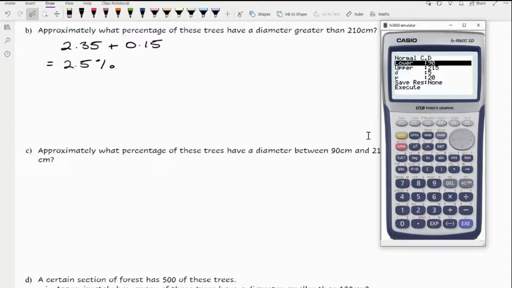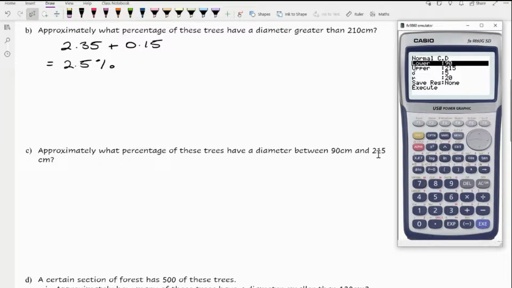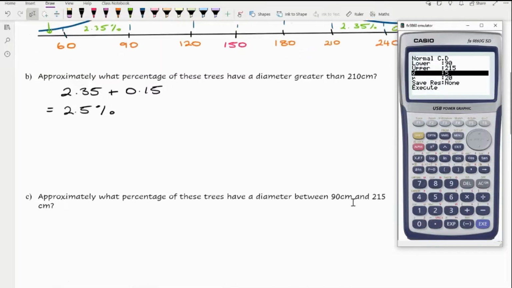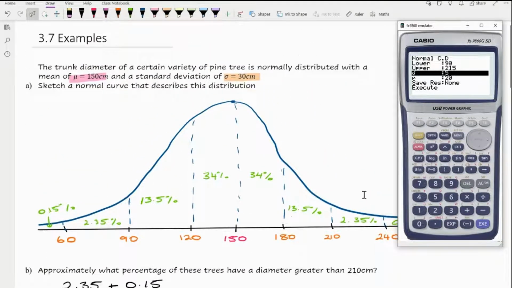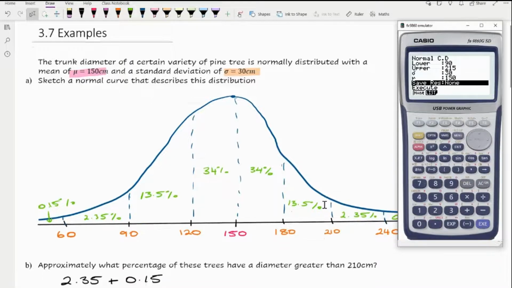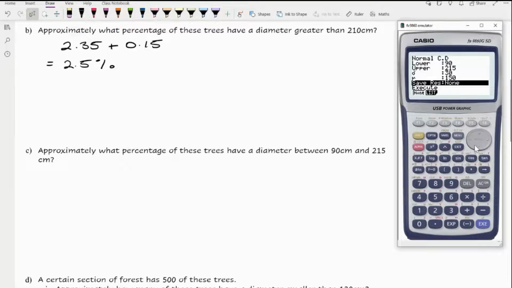Now, for this case here, my lower is 90, and my upper is 215, as I've already put into the graphics calculator. And then my standard deviation, I believe, is not 5. It is, in fact, 30, and my mean is 150. Go. And now I go down to where it says execute.